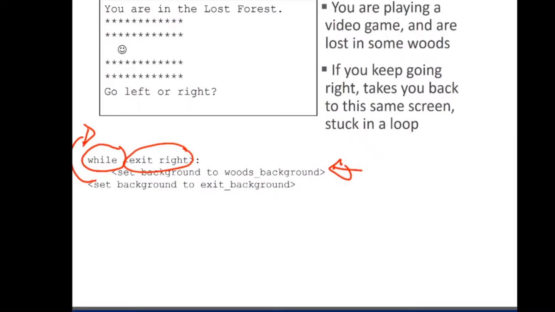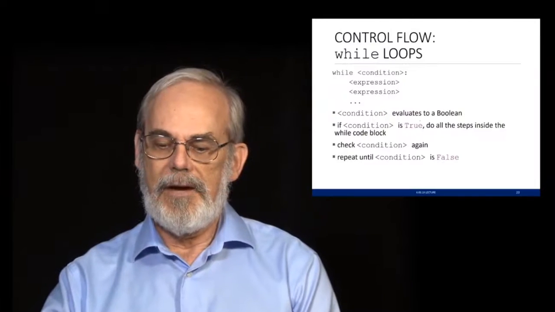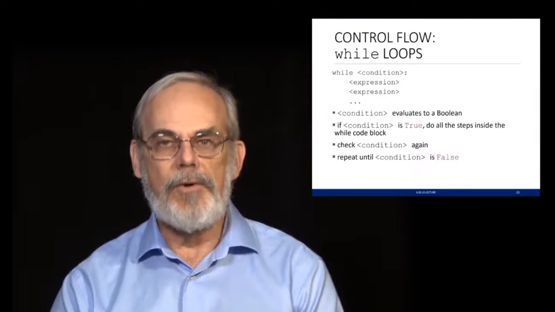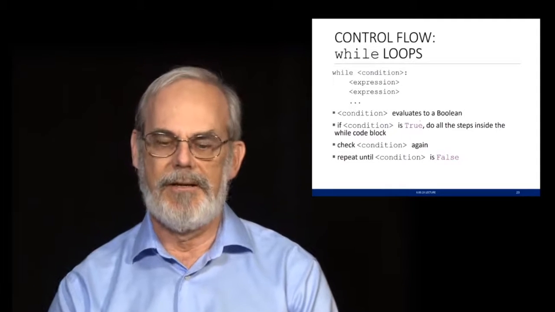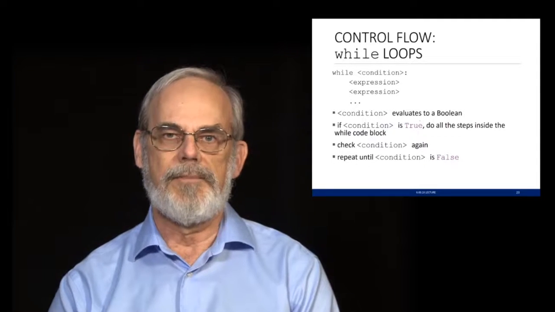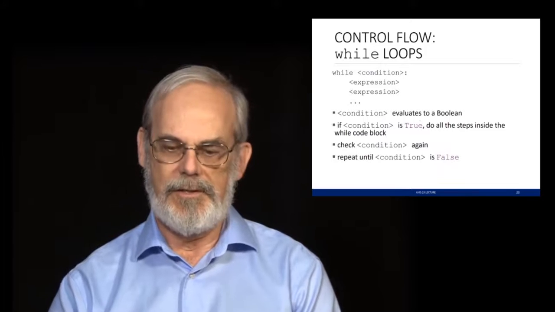And I'll keep looping around and around on this while until this condition is false, in which case I'll jump out and do the next kind of thing. And that says no matter how many times I go right, I'll always be in that loop until I finally go left and break out of it. So I can control the flow, now for the first time, not just in a linear way, with something that lets me check conditions.